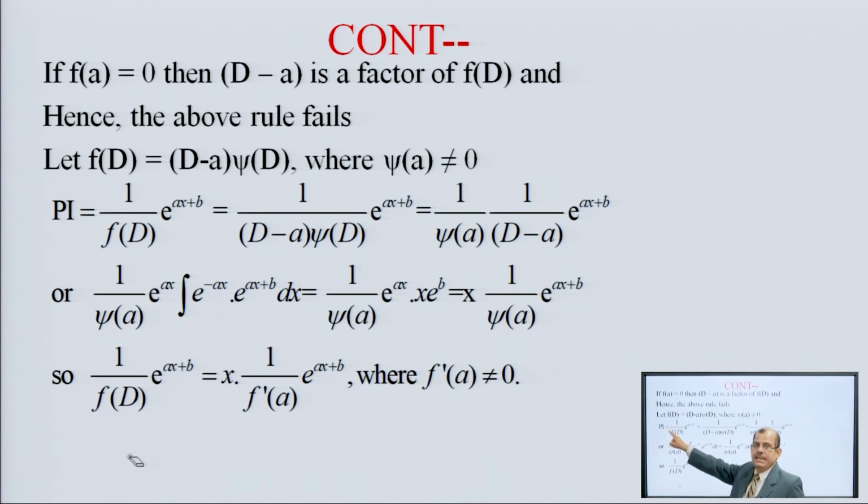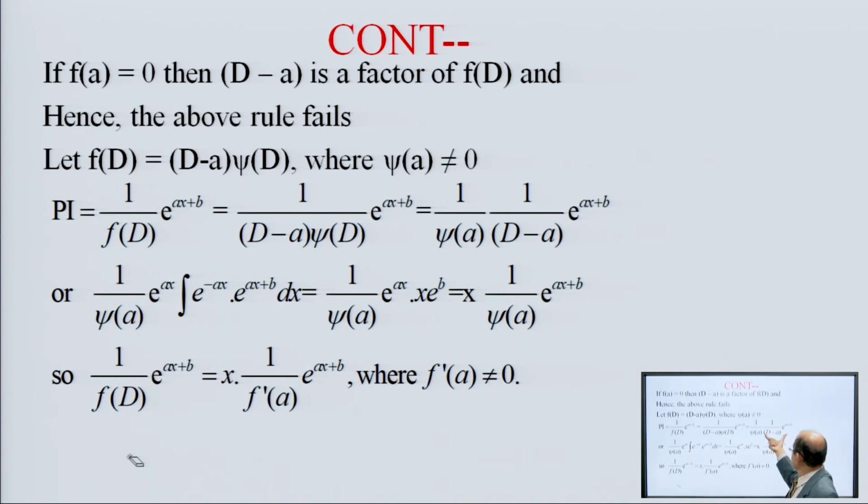Then the particular integral is 1 by f(D) e^(ax+b) is equal to 1 by (D minus a) phi(D) e^(ax+b). Replacing D by a in phi(D), we get 1 by phi(a) times 1 by (D minus a) e^(ax+b).